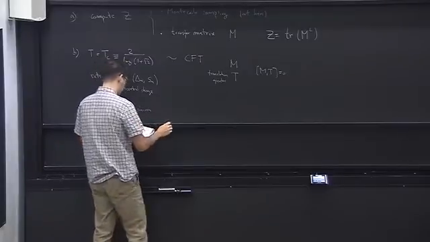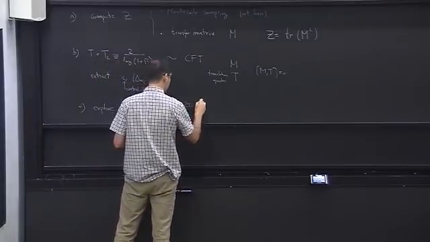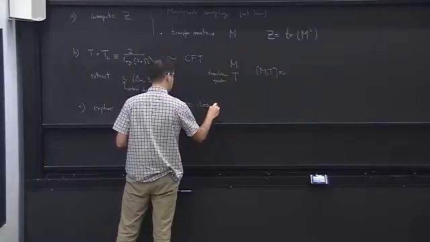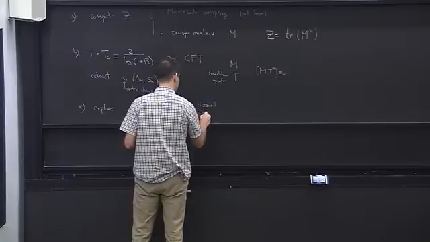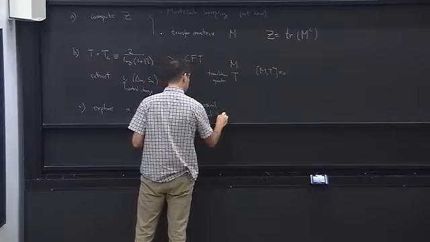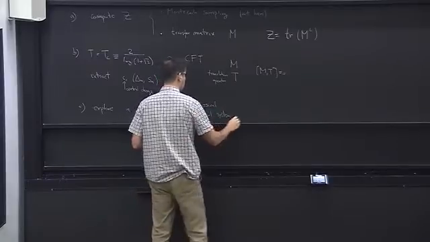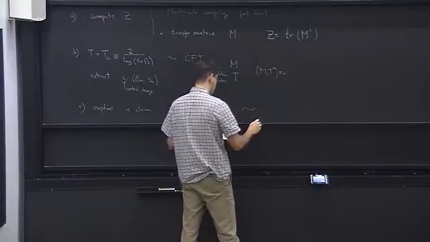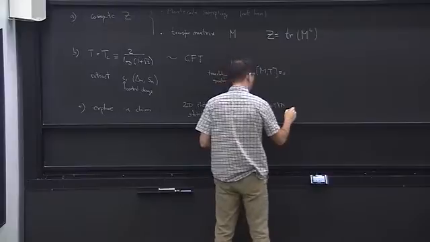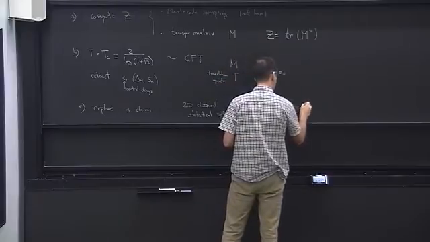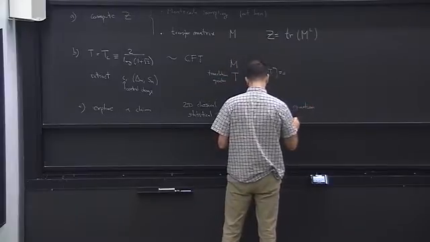And the claim is that a 2D classical statistical system is closely related in some sense to a 1 plus 1D quantum system.